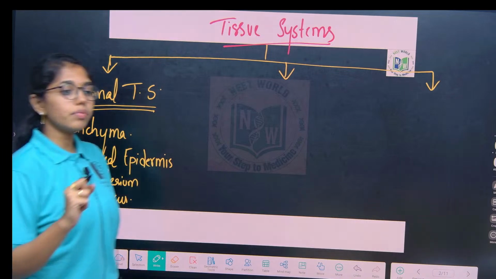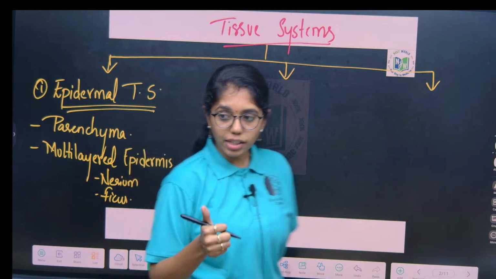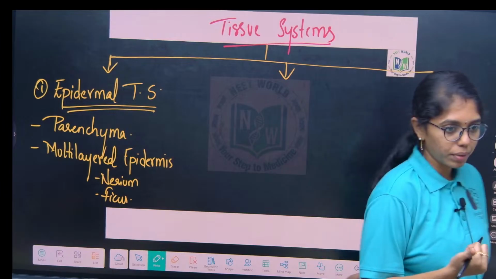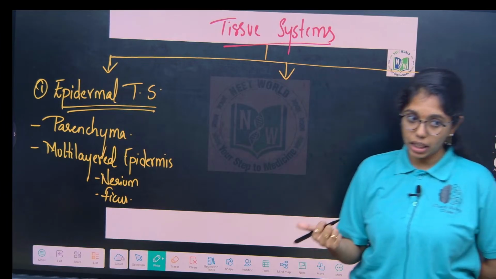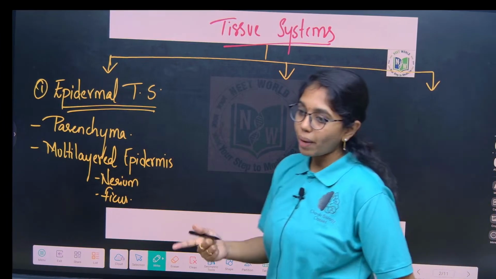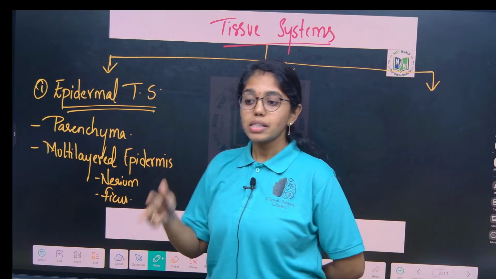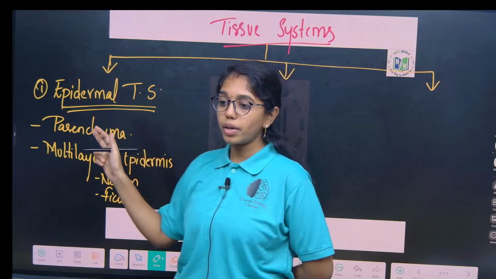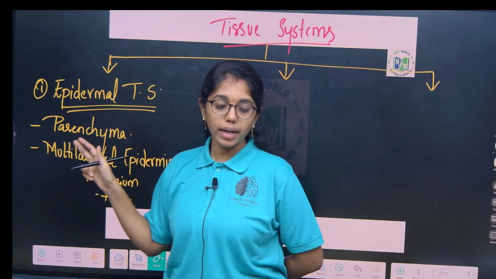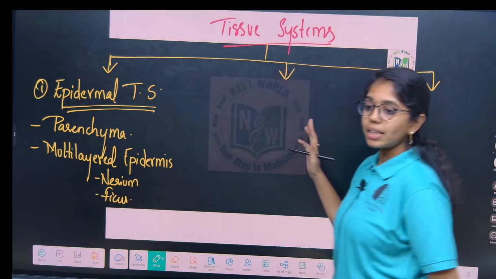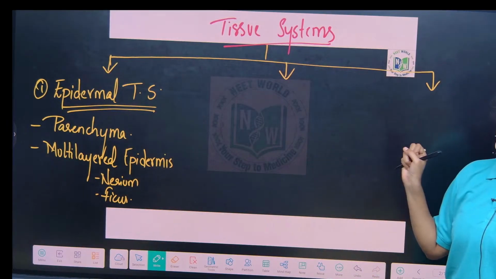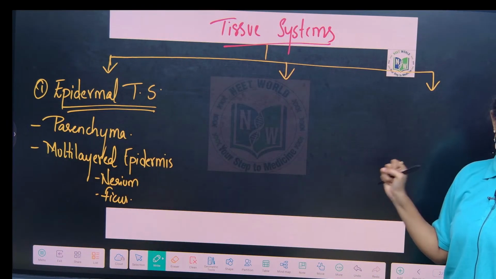Epidermal tissue system will consist of hair-like projections like root hairs, epidermal hairs, which we call epidermal appendages, and stomatal structures in leaf, trichome structures in stem. Sometimes epidermis is also covered by cuticle. These are the constituents that are present in epidermal tissue systems.